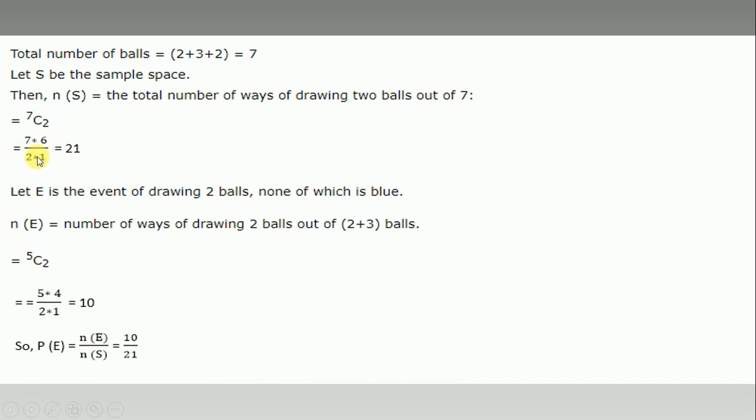So factorial of 5 is cancelled by factorial of 5 here, because factorial of 7 will continue as 7 into 6 into factorial of 5. So it is cancelled here, and in the denominator we have factorial of r also multiplied, so we are considering 2 into 1. So it is in short, so understand it properly.